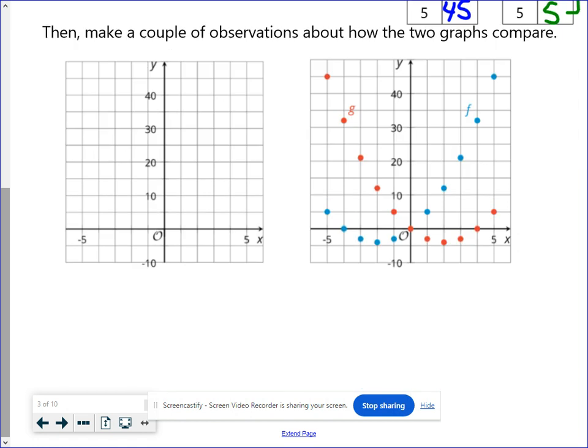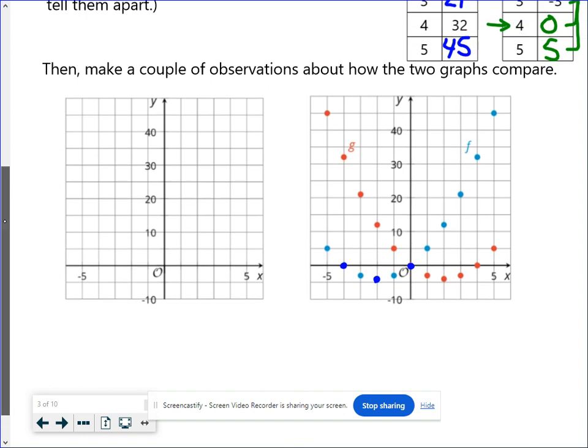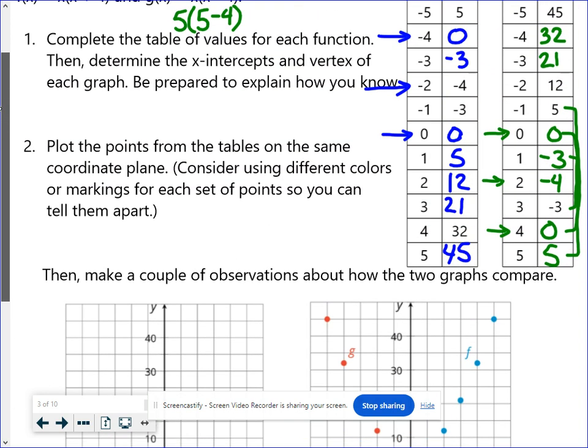And I have to move this up a little bit. That's right here, -2, -4. And we've got our x-intercepts right there. So one of them we knew was going to be at 0, 0, and the other one's at -4, 0.